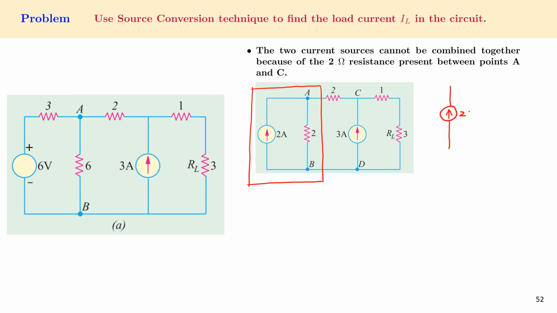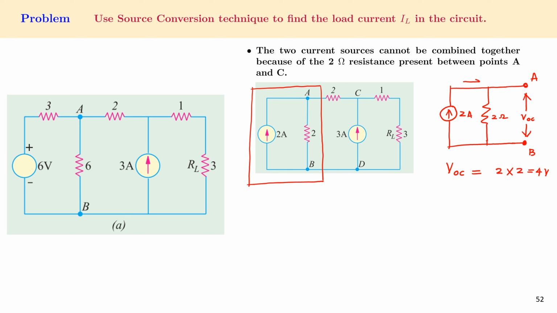So this is 2 ampere, and then we have a 2 ohm resistor, and we'll keep this open circuited. So this is A and B. Now we have to find the open circuit voltage, and the open circuit voltage is given by 2 amperes multiplied by 2 ohms, that is equal to 4 volts.